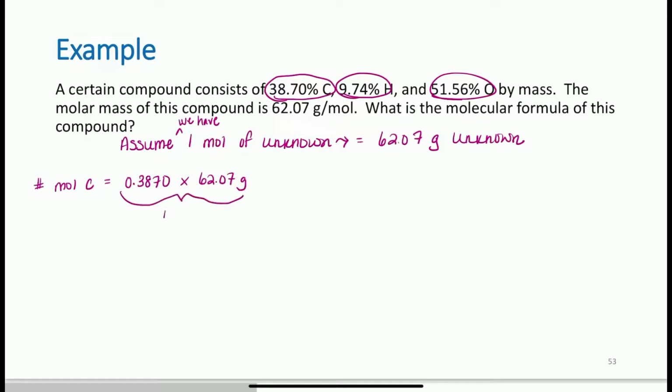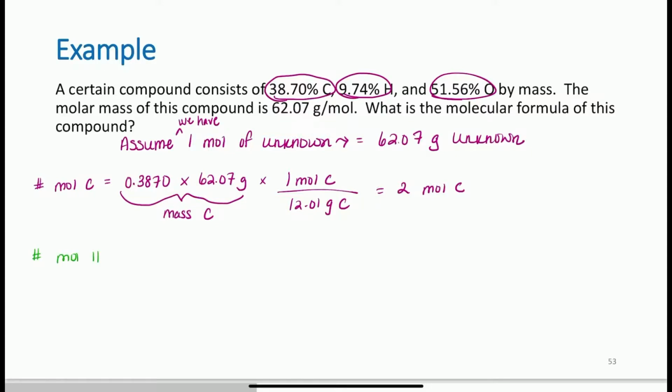This is going to give me the mass just due to carbon. I'm then going to convert that to moles of carbon, and this gives me 2 moles of carbon. So if 38.7% of it is due to just carbon, that's the same as saying 0.387 times 62.07 to get the actual mass of carbon. I convert that to moles, and I see that that amount equals 2 moles of carbon.